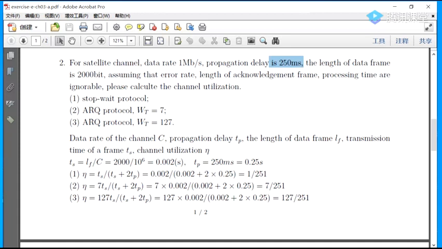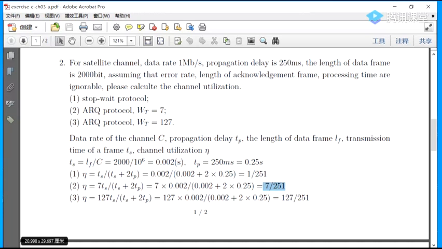So for the stop and wait protocol, eta is 1/251. Then if WT is 7, it is 7 times the utilization of stop and wait.